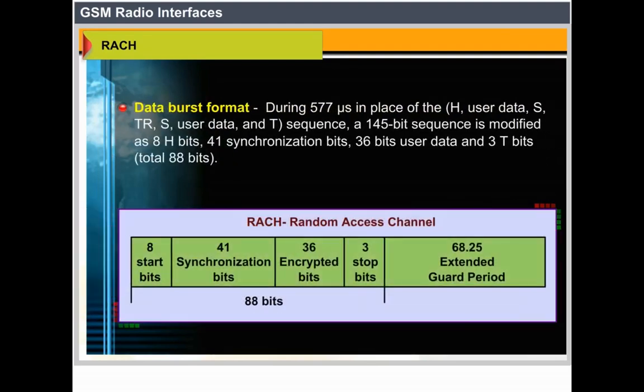RACH. The data burst format during 577 µs, in place of the H, user data, S, user data and T sequence: a 145-bit sequence is modified as 8 H bits, 41 synchronization bits, 36 bits user data and 3 T bits, total 88 bits.